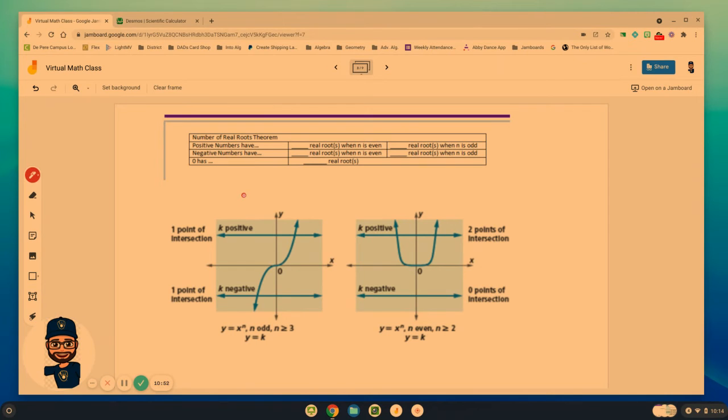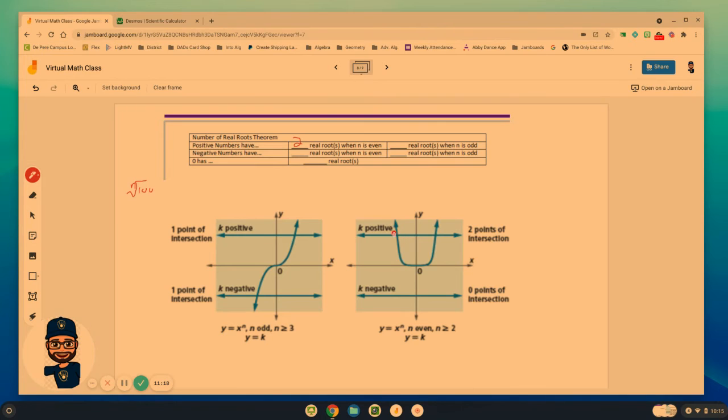All right, positive numbers. If I'm trying to take, for example, the square root of 100, that's a positive number. Positive 100 is going to have two real roots if this n value in here is even, right?